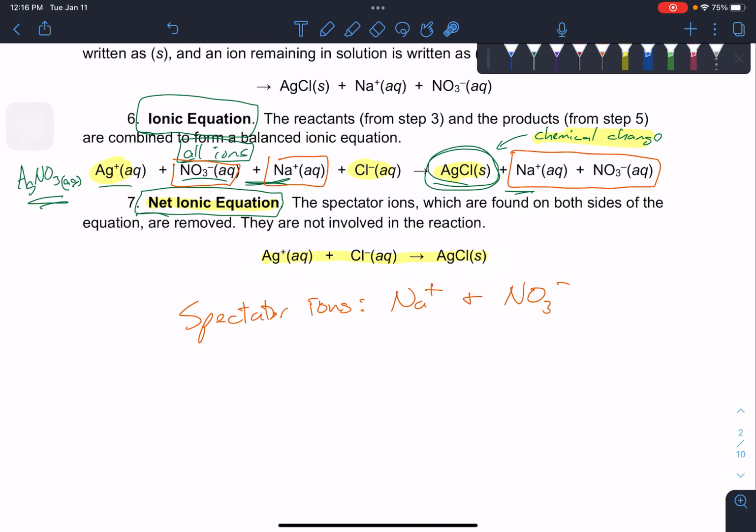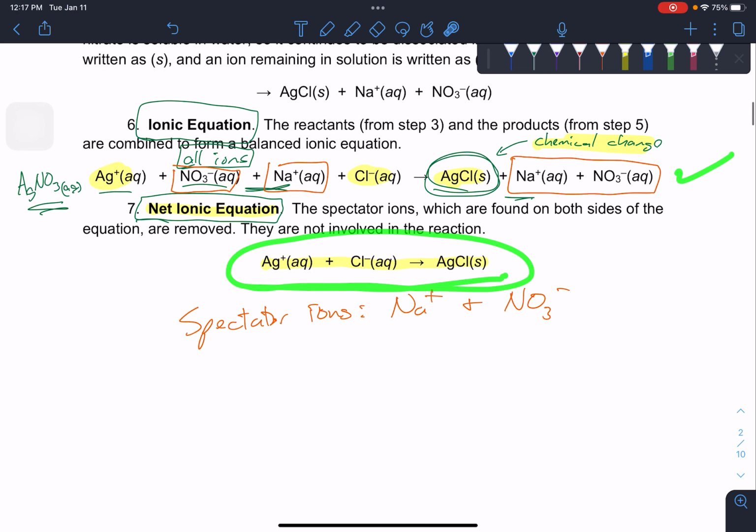Okay, great, fine. So know this, for chapter 4, for test 1, we do the whole shebang. We do the molecular equation, the ionic equation, and the net ionic equation. After test 1, once we get out of chapter 4, we're primarily focused on the net ionic equation, okay? So we only have to deal with that beast.